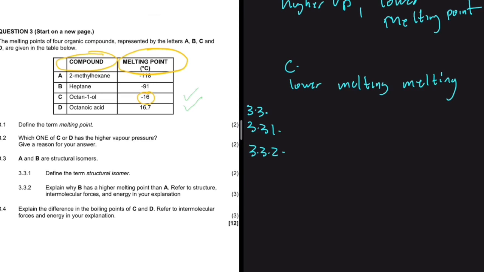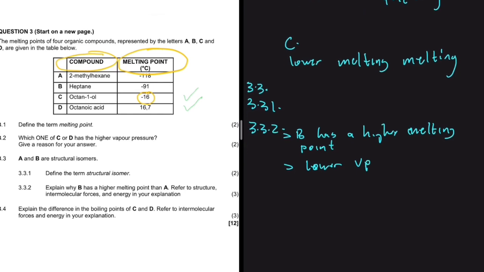So we are already told that B has a higher melting point. If B has a higher melting point, we will know consequently that it has a lower vapor pressure, right? Because the higher the vapor pressure, the lower the melting point. But why does it have lower vapor pressure but A doesn't? The difference between A and B is that B is less branched, right?